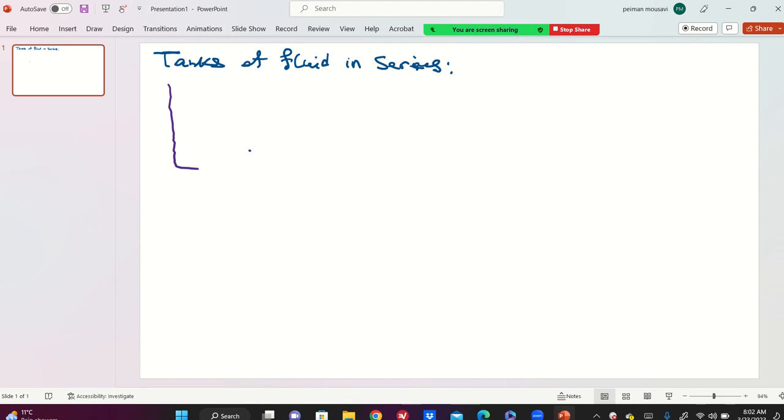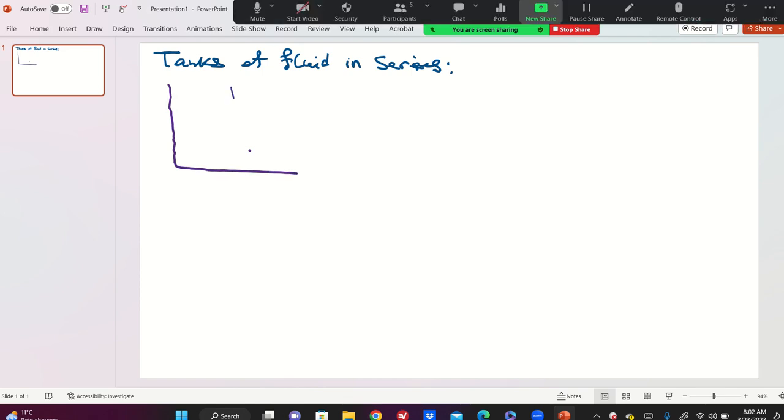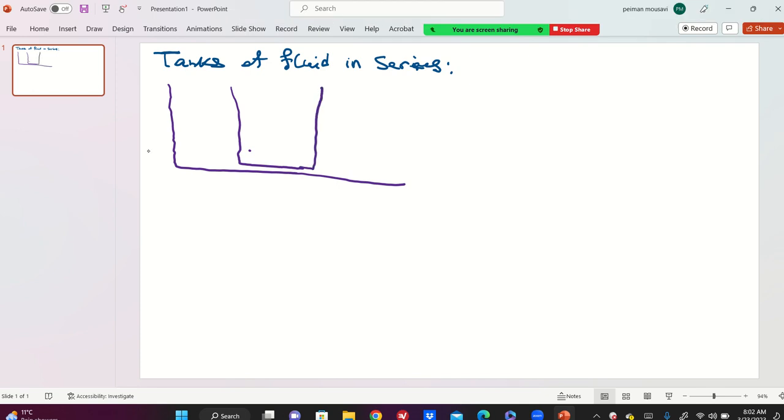Remember in the first order system we had one tank like this, but now we have two of them in series like this. Say here is H1, potential of the fluid.